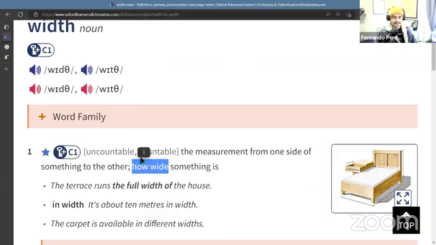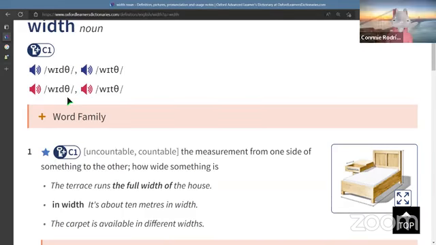How wide? This is the secret. The width of something. A bed is a very good example, because an individual bed has a shorter width than a couple bed.